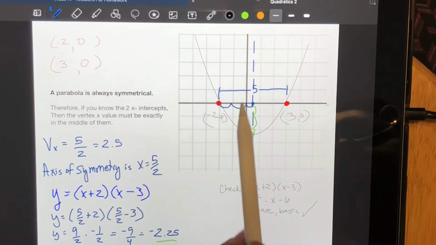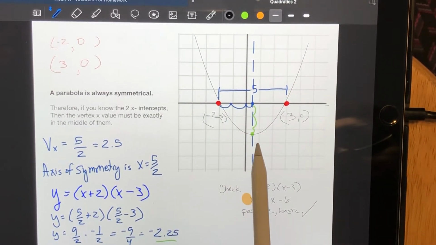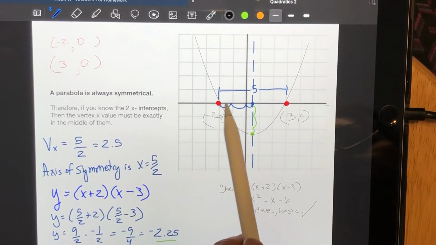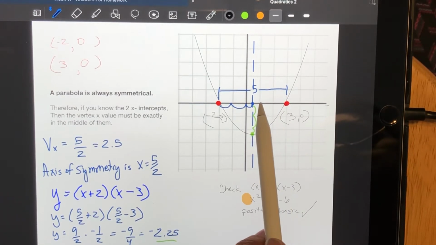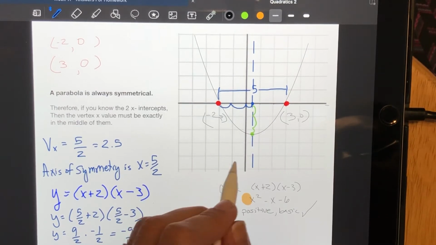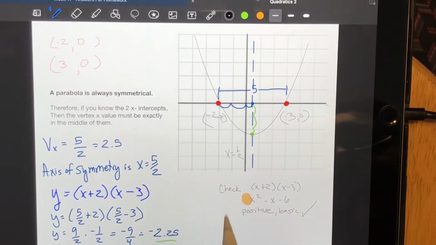5 divided by 2 gives me 2.5, so the very middle is going to be 2.5 from either of those. So I can either count forward 2.5, or I could count backwards 2.5. Either way, that point lies along x equals 1/2.